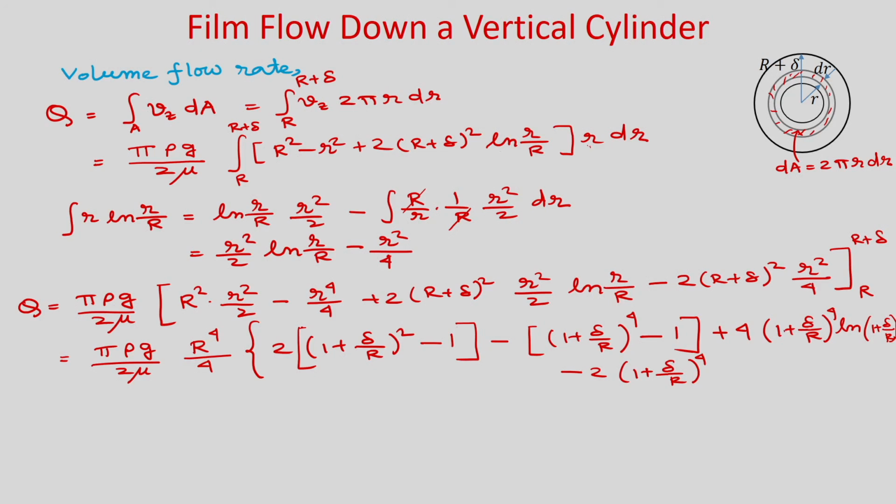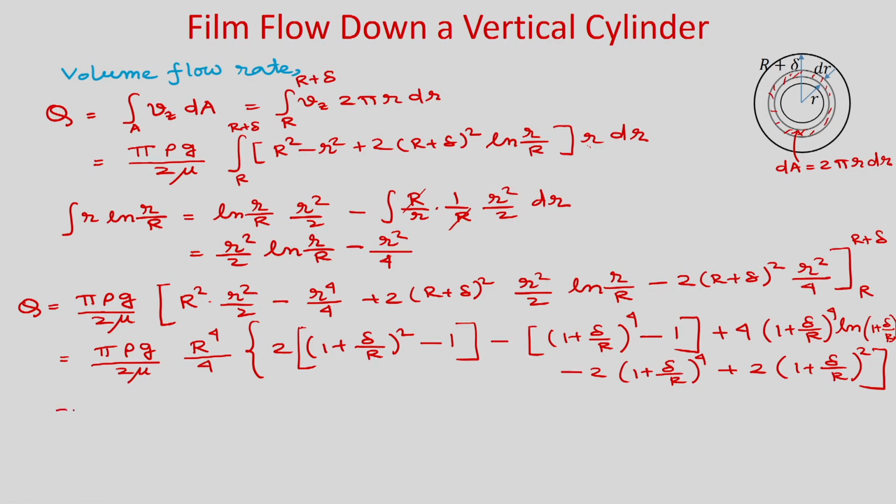So, ln 1 is 0. So, this term we are not writing, and you will get plus 2 into 1 plus delta by r whole square. Okay. So, if you put r, then obviously r to the power 4 you are taking outside. So, it will be 1 plus delta by r whole square.